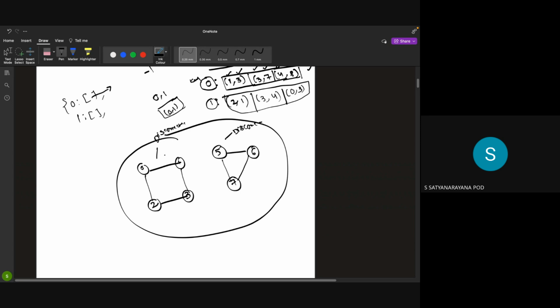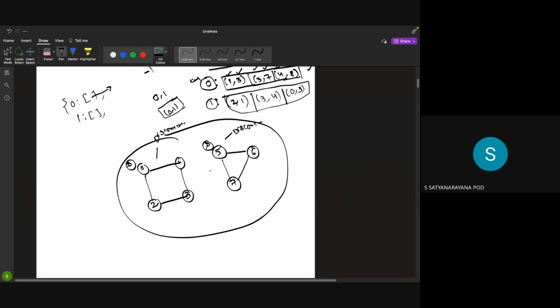Even disconnected graphs work, but the first time you need to choose one source, and the next time you need to choose another source. Otherwise, 0 to 3 is reachable, 0 to 1 is reachable, 0 to 2 is reachable, but are you able to reach 0 to 5? No, there is no reachability.